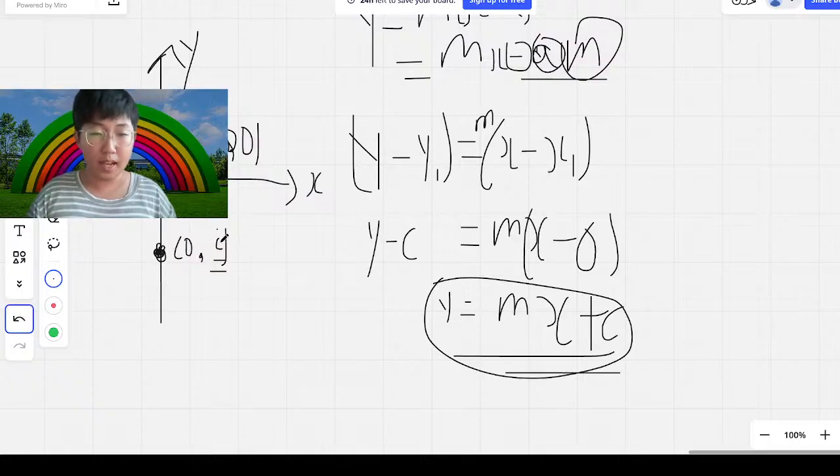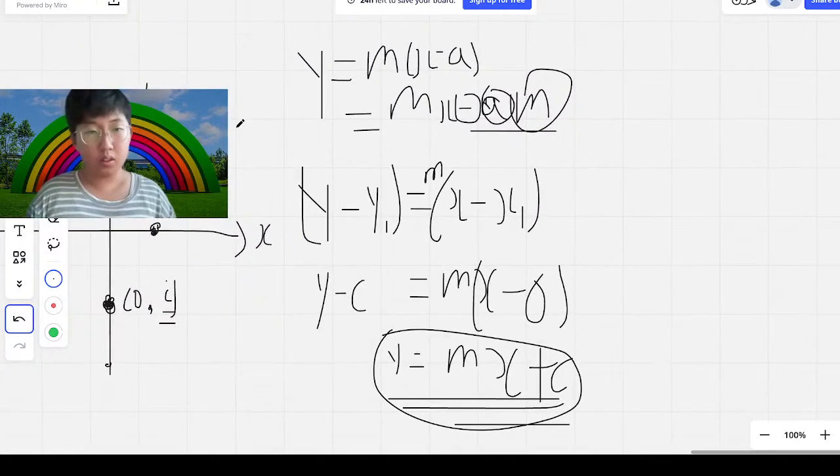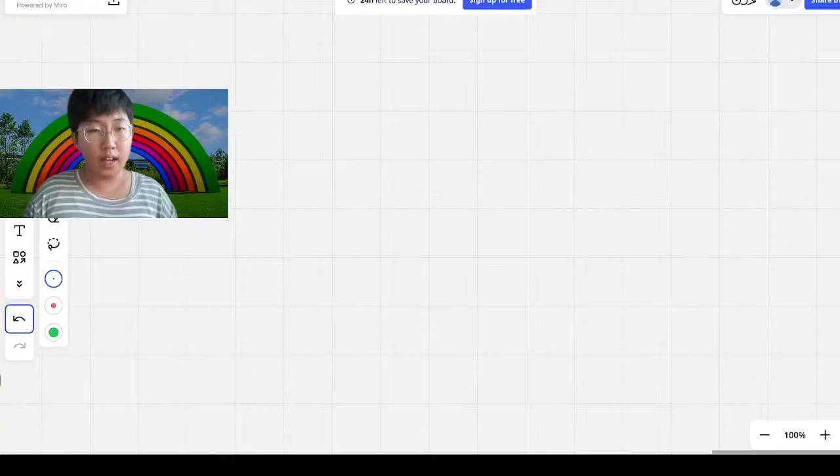Note that c can be anywhere from here to here, or even up here. But no matter where it is, we can still use this formula to figure out what the equation of the line is. Alright, we have all of that. So we know how to express the straight lines into several forms.